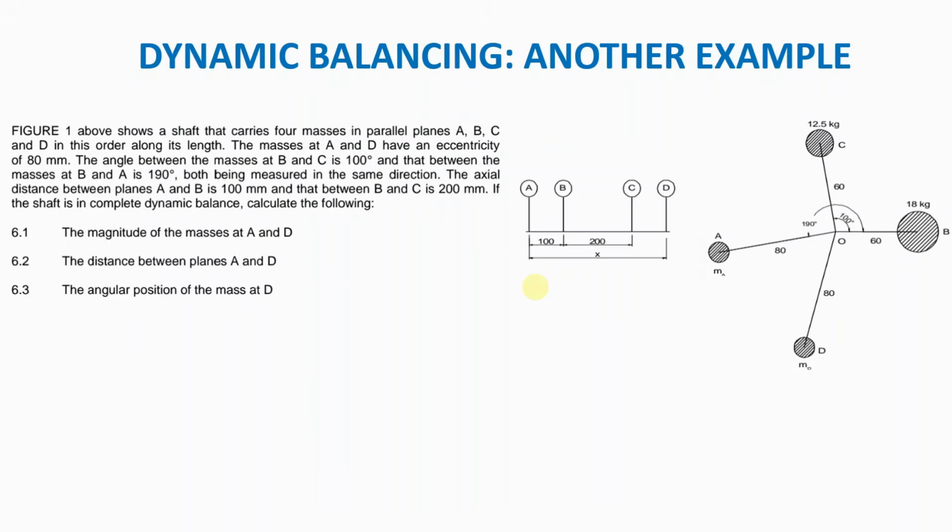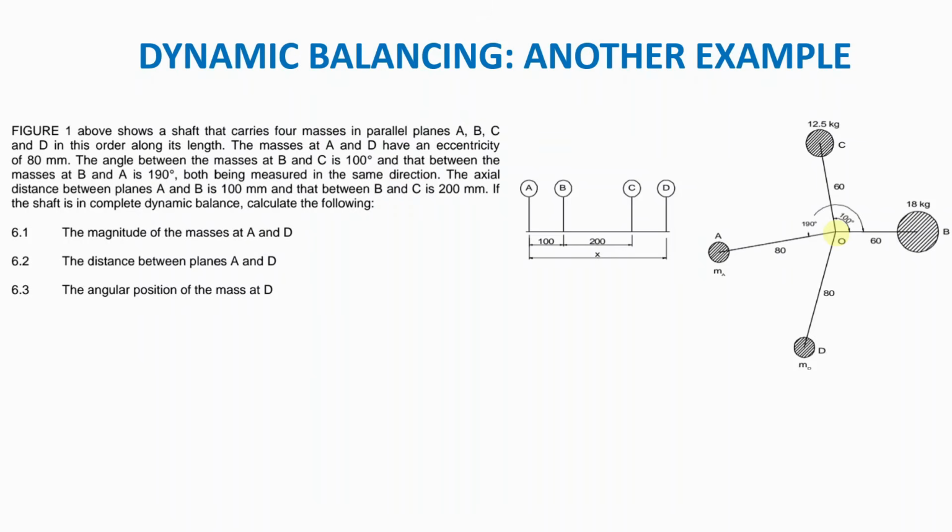And so you are also told in the question that the masses at A and D have an eccentricity of 80 millimeters. Okay, so what is referred to as the eccentricity is the radial distance from the shaft. If you look at the side view of the masses, this is what you see. The shaft is here at point O, and it goes into the page.